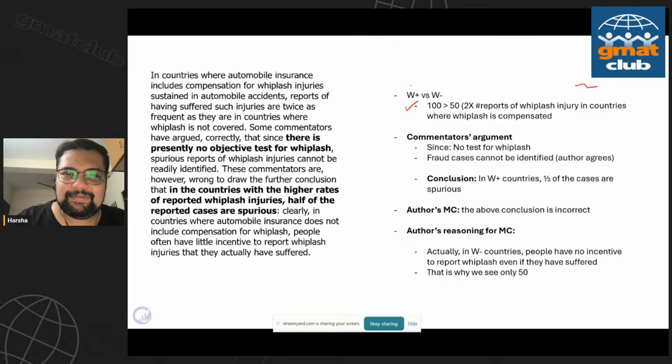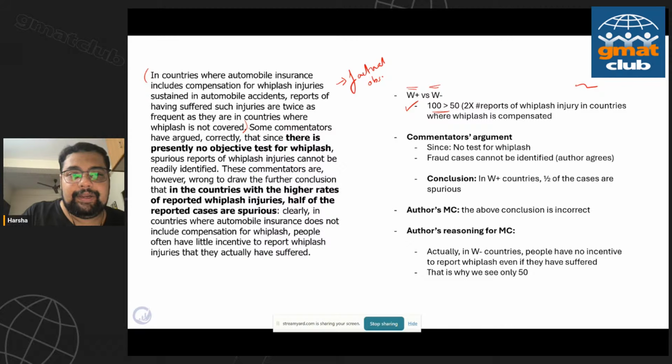So countries where whiplash injuries are covered have 2x more reports than countries where they are not covered. So people tend to report whiplash 2x more in those countries where whiplash is covered. That's the first statement, right? That's essentially a fact that's given to you. It's what I would call a factual observation, a data point. I think everybody agrees with me on this.